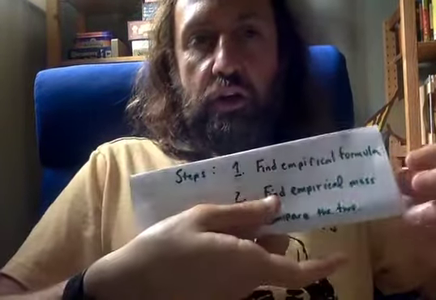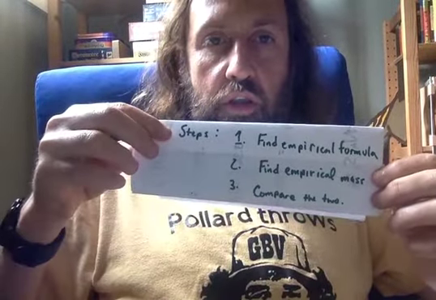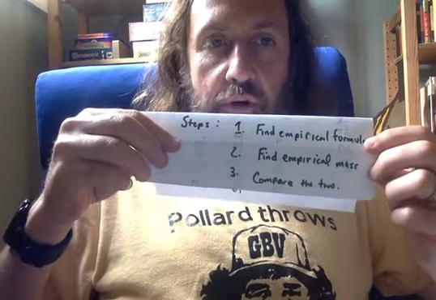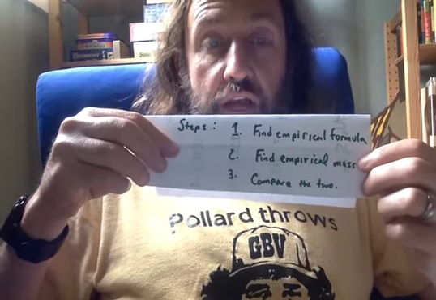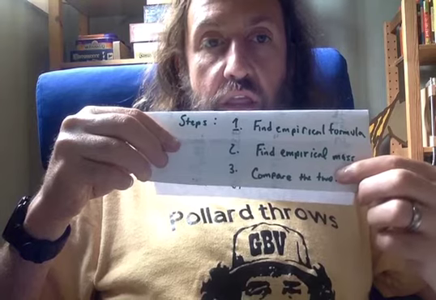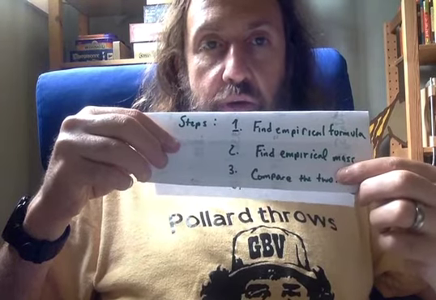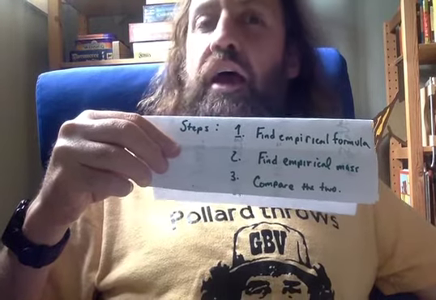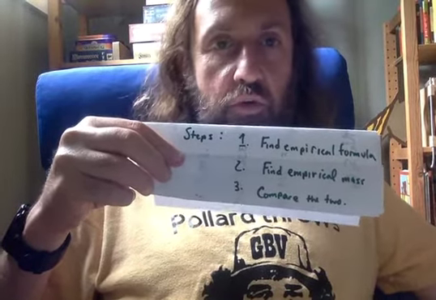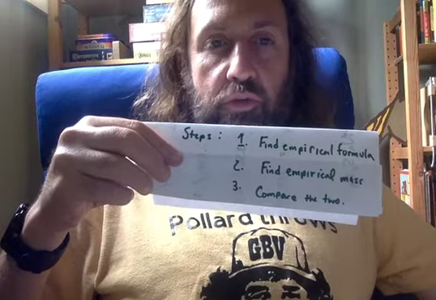So there are a couple of things that they're wanting us to figure out here. Here's my strategy: one, find the empirical formula. Once I know the empirical formula, I can add up the empirical mass. Then I can compare the empirical mass with the molecular mass and see if that's equal or if it's some sort of multiple.